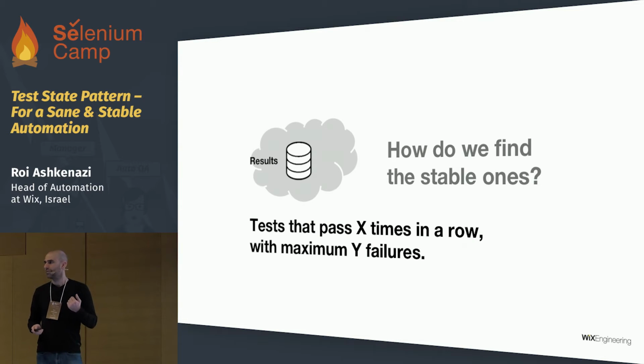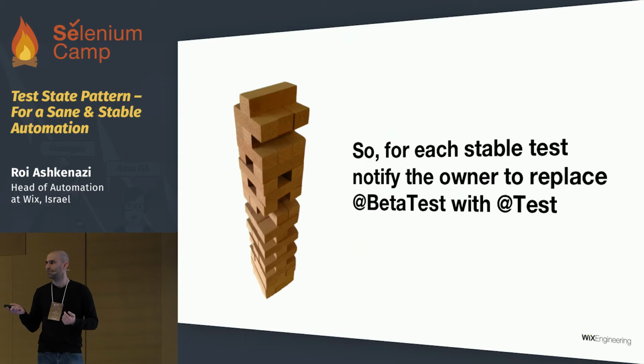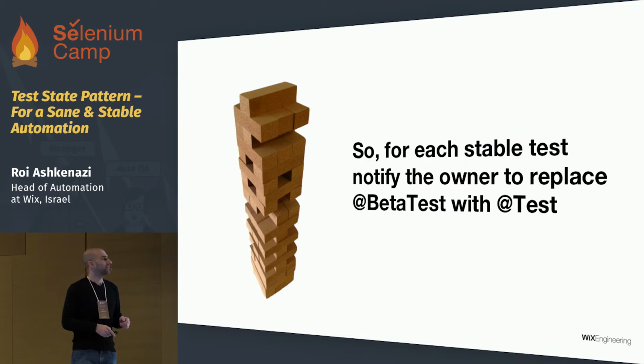But if you remember, we have a specific annotation. And wow, this is crazy, the annotation determines which tests are beta and which are not. So right now we have a beta test, let's say, and it's stable. We understood that it's stable because we have all the results.